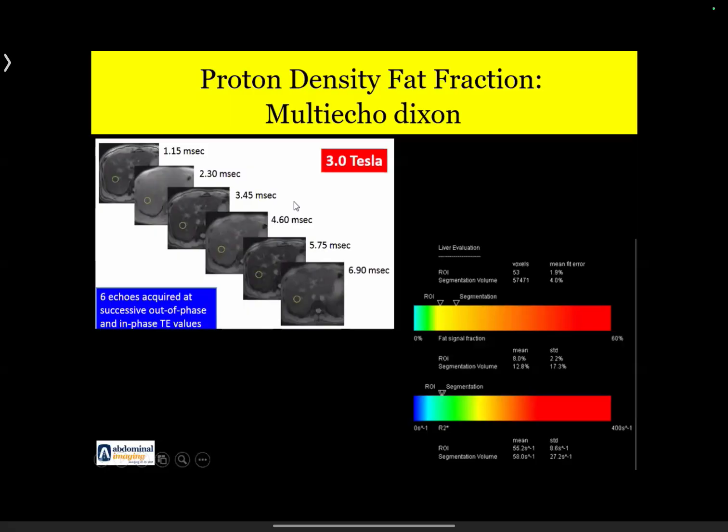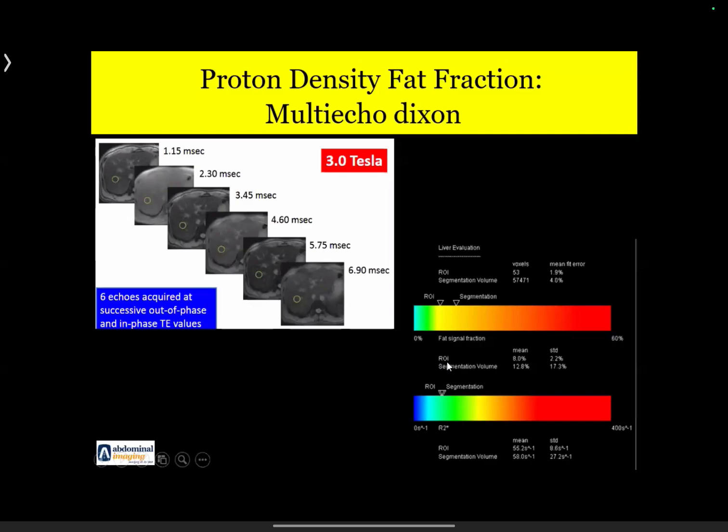In a normal Dixon sequence, there is one in-phase and one out-of-phase image at two different echo times. But in proton density fat fraction, 6 echoes are used, and you get this color map, which is very easy to make out.